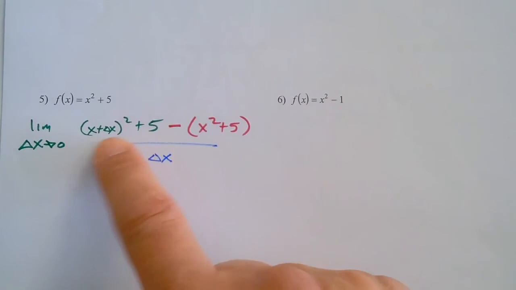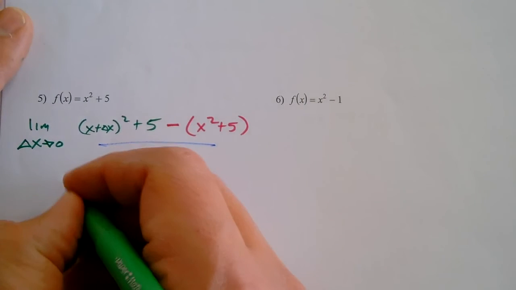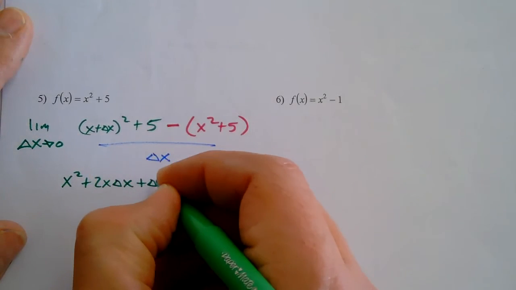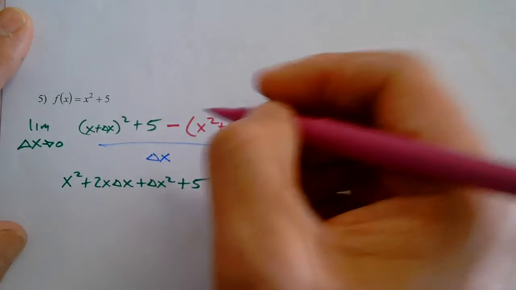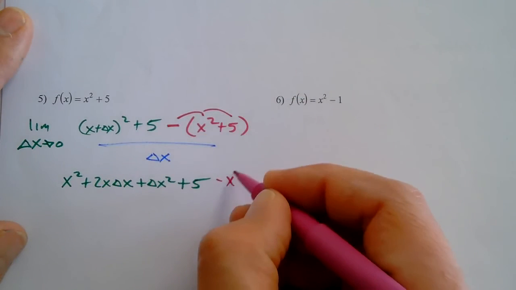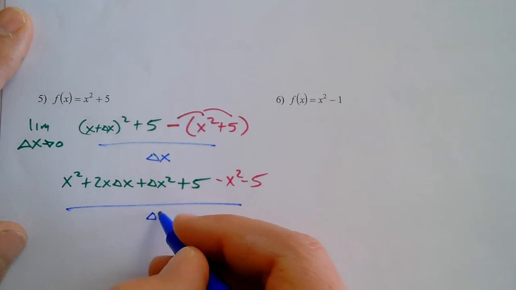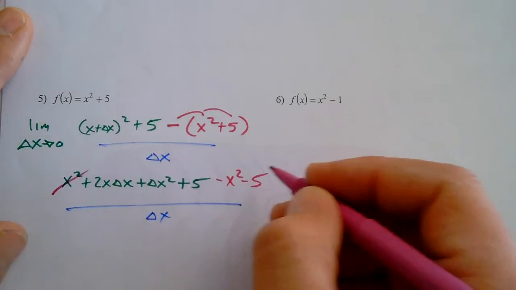So again, this in green is f of x plus delta x minus f of x all over delta x. Go ahead and FOIL this. We get the same thing: x squared, 2x delta x, delta x squared, and then plus 5. And then I distribute. The x squareds cancel.